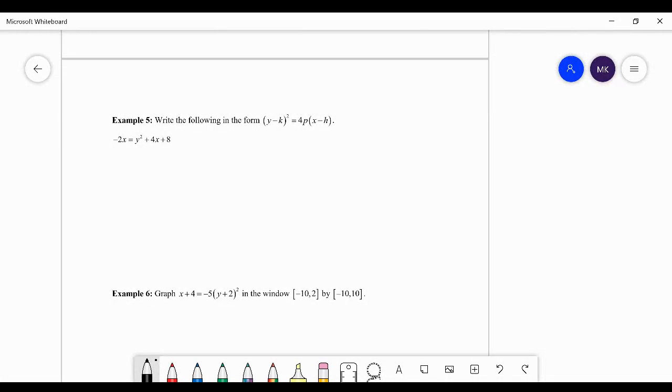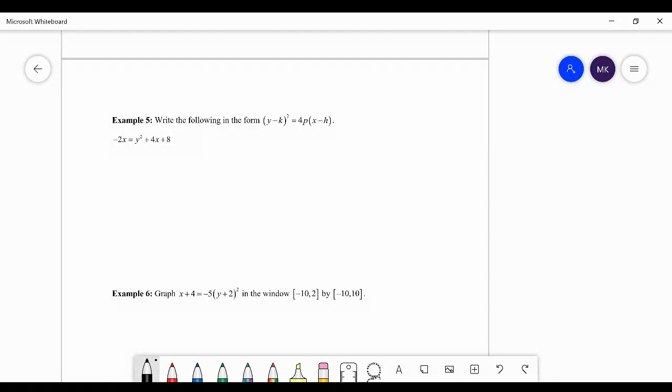Okay. Now, I'm given this equation, -2x equals y squared plus 4x plus 8. I want to write this into this format that we've been dealing with, this y minus k squared equals 4p times x minus h. So there's a few things we need to do. First of all, notice that I have x's on both sides and I have a y squared.